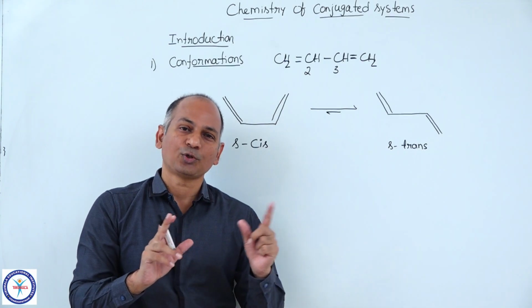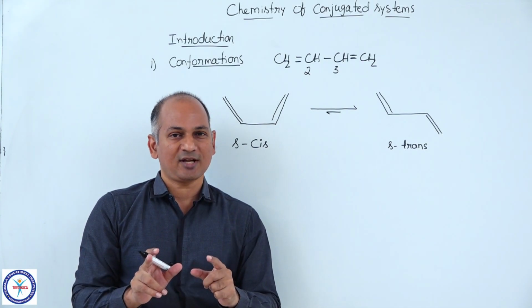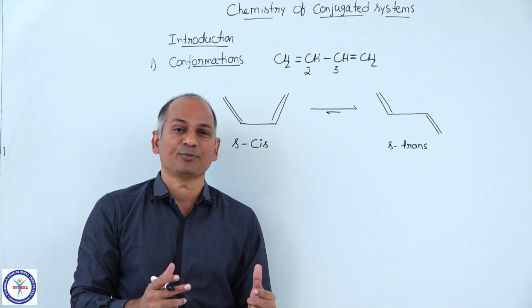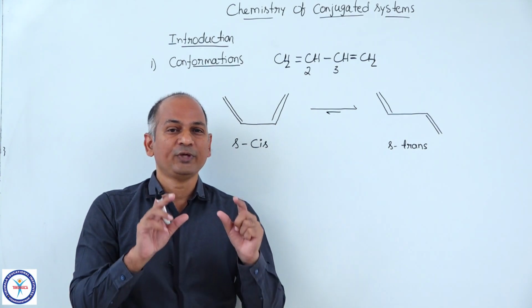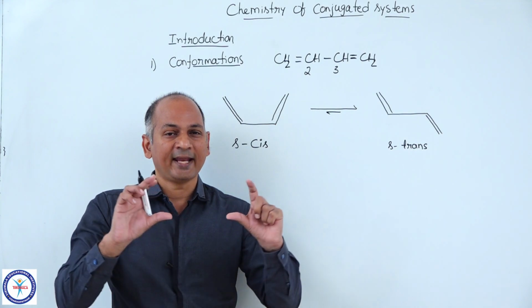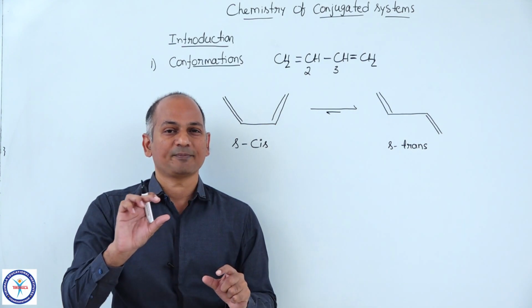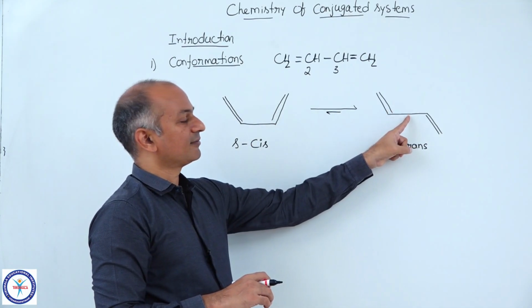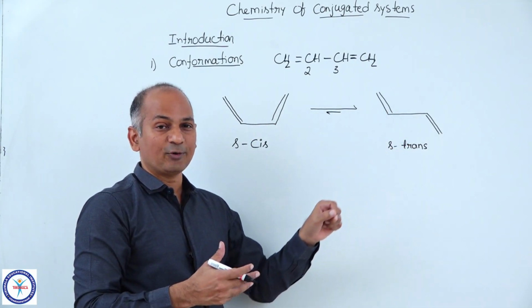When you see the true cis-trans isomers, which are also called geometrical isomers and also diastereomers, we see arrangements across the double bond, but here this is across a single bond, and a single bond is freely rotatable.